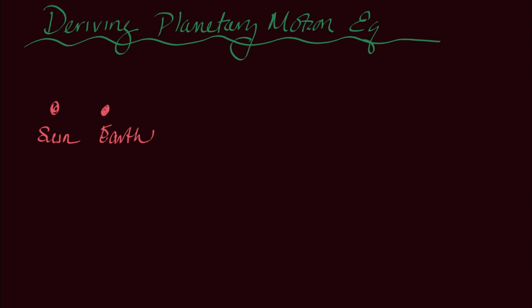At the same time, we know that the Sun and Earth, because they both have a mass, have a gravitational attraction towards each other. So we could say the centripetal force is equal to the gravitational force.